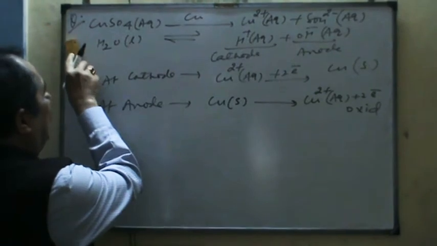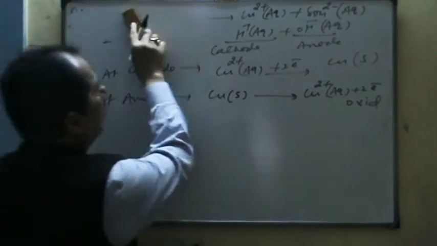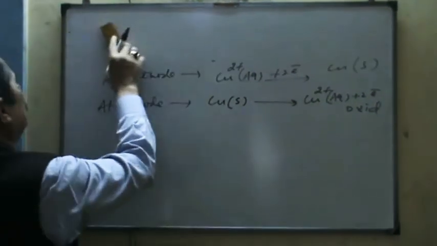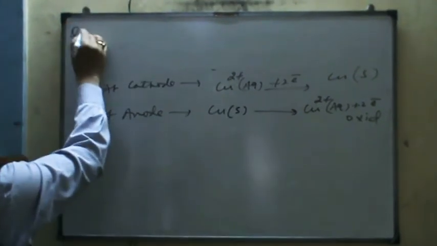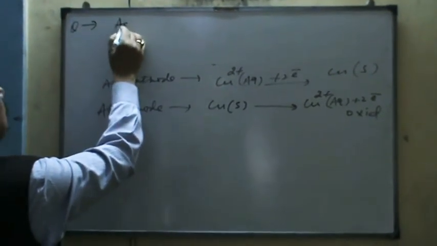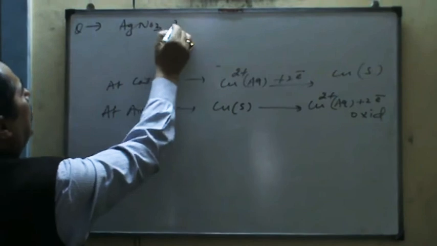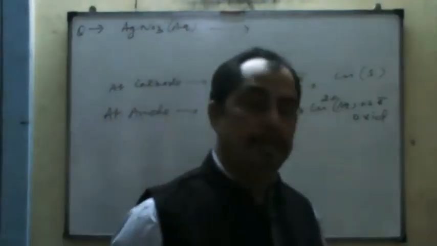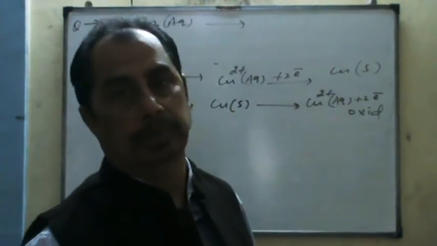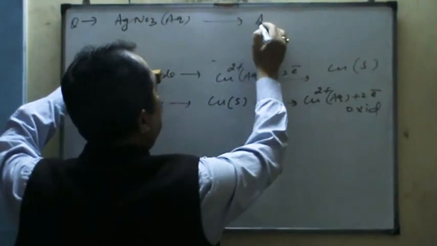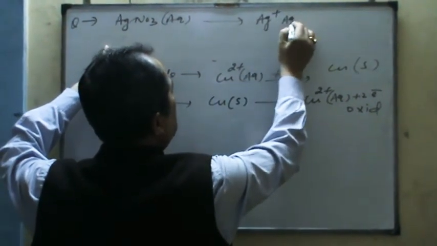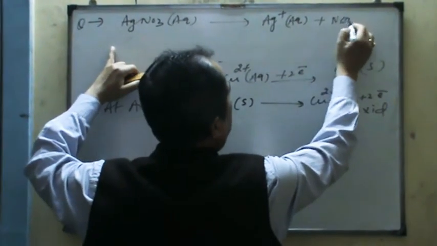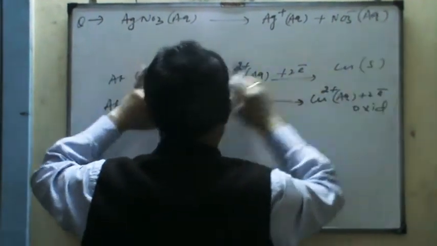So, the next question: write the process of electrolysis of aqueous solution of silver nitrate. This question is very much given in the exercise of the textbook. Ag+ (aq) plus NO3- (aq).